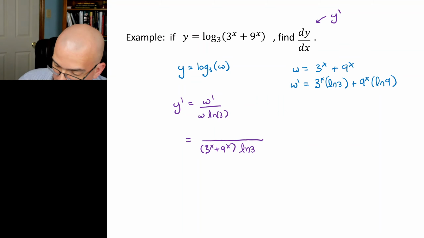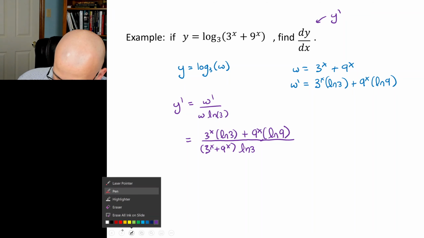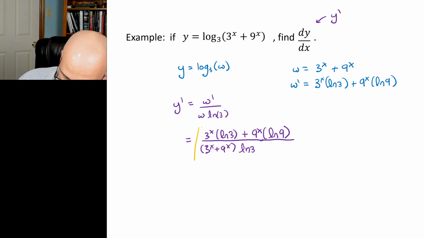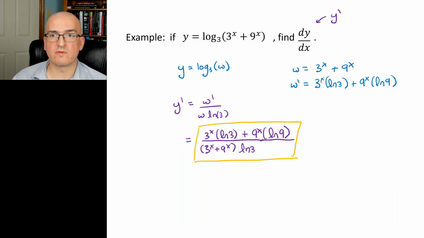And then on top, we have w prime, which is 3 to the x times the ln of 3 plus 9 to the x times the ln of 9. And that is the answer. Don't do anything weird. Don't do any simplifying. This is the way that it's expected that you'll do the problem.